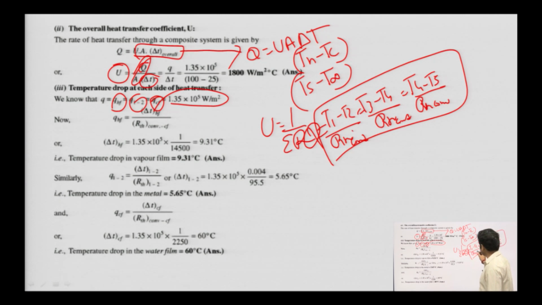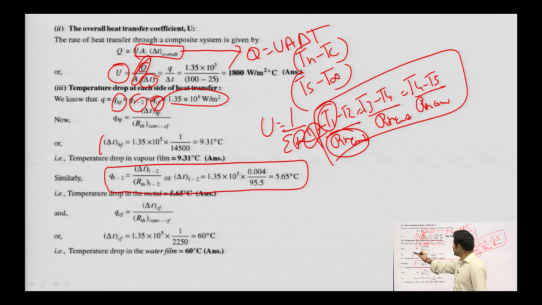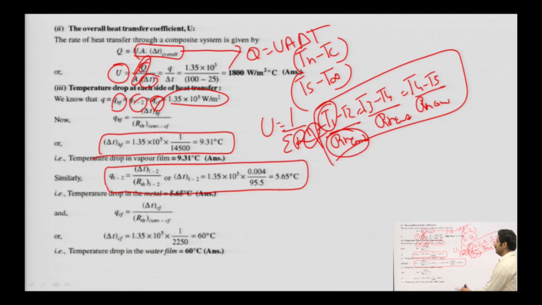The only thing is that you need to either calculate R_th separately and find out the temperatures, and whatever is asked you can do it like this. So here also we have done the same thing. See, Q12 is just the simple mathematics that they have done, it is delta T_HF. Then the temperature drop in the metal they have calculated as 5.65 degrees Celsius.